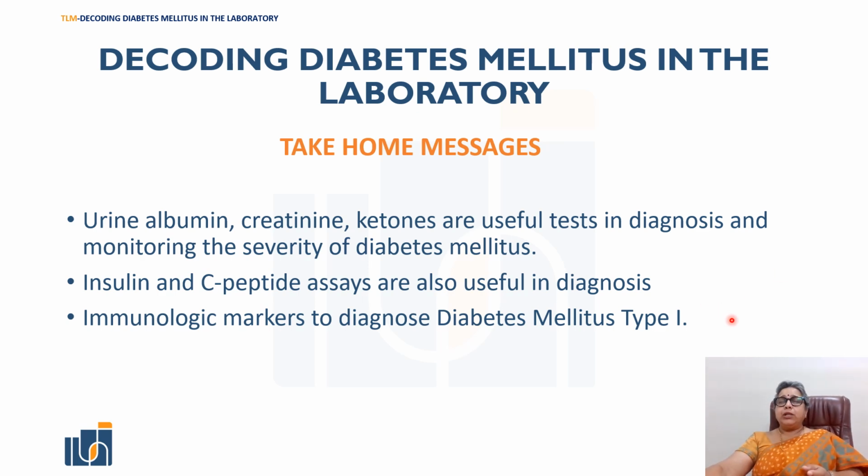So I think you've got a clearer idea about what the tests are, how we do them, how we collect the sample, how we can test them, what is the principle of the test, what kind of pre-analytical variables are important, what can be used to differentiate type 1 and type 2 diabetes mellitus, and how we diagnose gestational diabetes mellitus.